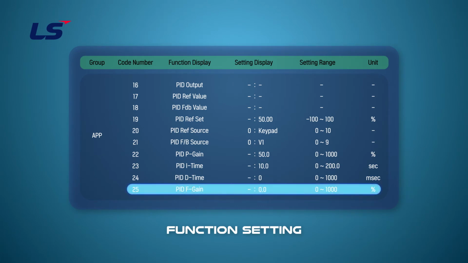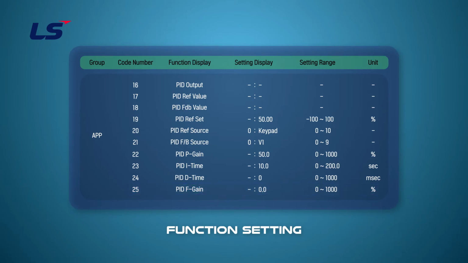The forward compensation gain, expressed as F gain, is a gain that can be added directly to the PID output by setting it as a ratio to the target value, so you can get fast response characteristics. PID output value and feedback value amount can be checked in APP16 and 18 parameters, respectively. So please adjust the gain value while checking these two parameters.